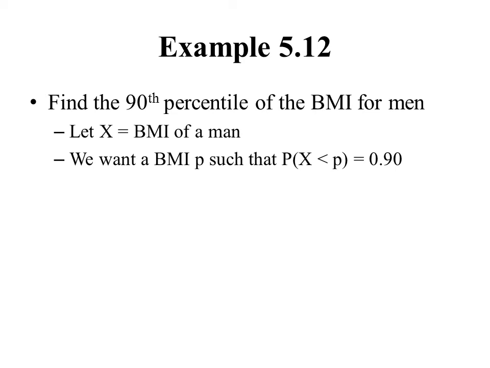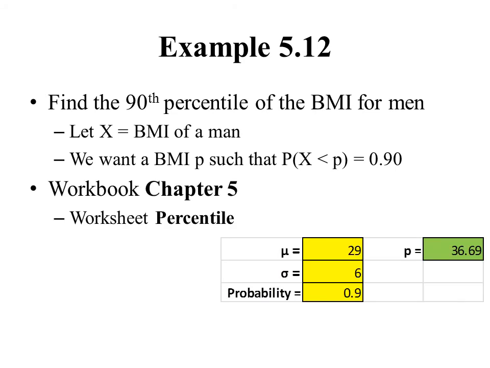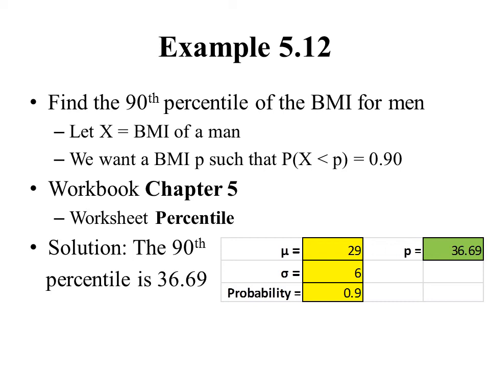The book talks about the details for how to calculate this, but if we go back to that workbook chapter 5 and go to the worksheet called percentiles, this will automatically calculate percentiles for us. All we need to do is enter mu, sigma, and then the probability. So that's this right hand side, 0.9. And then it automatically calculates the percentile over here of 36.69. And so our solution to this problem would be to say that the 90th percentile is the number 36.69.